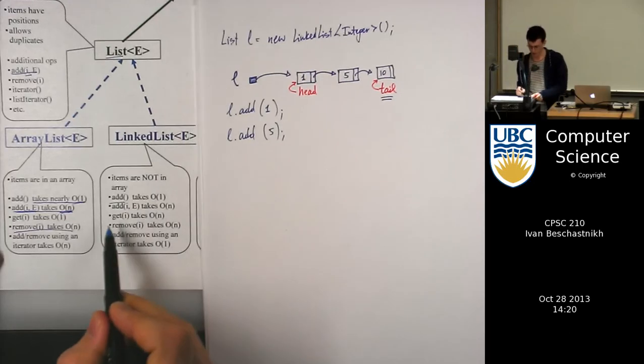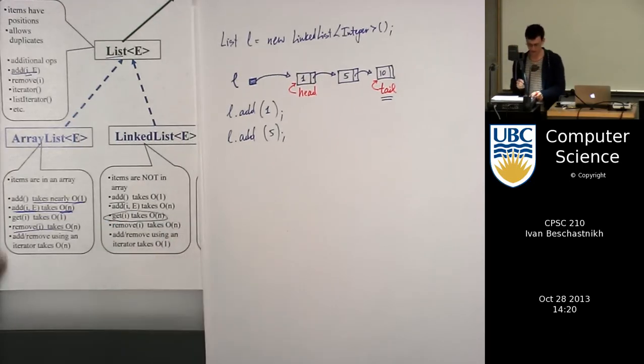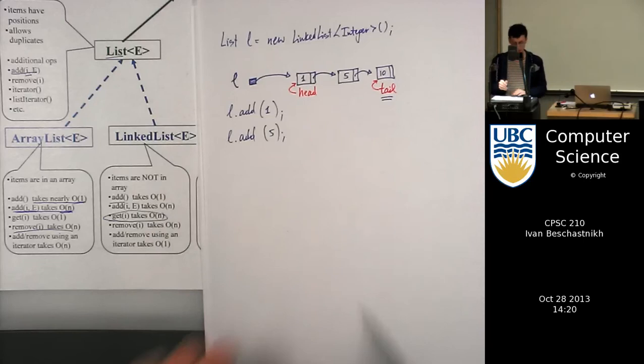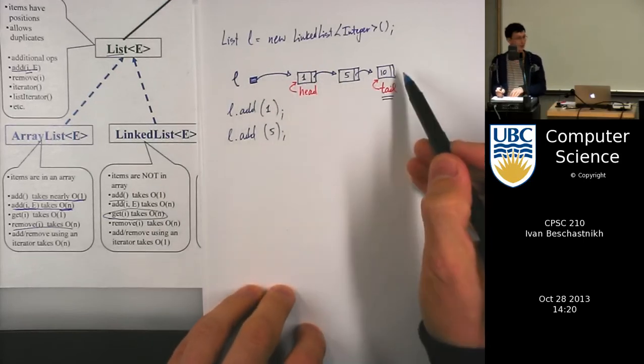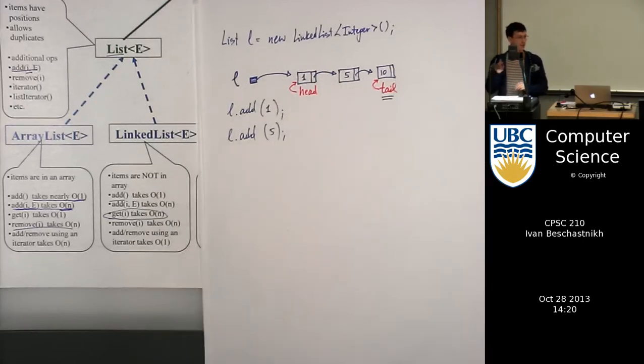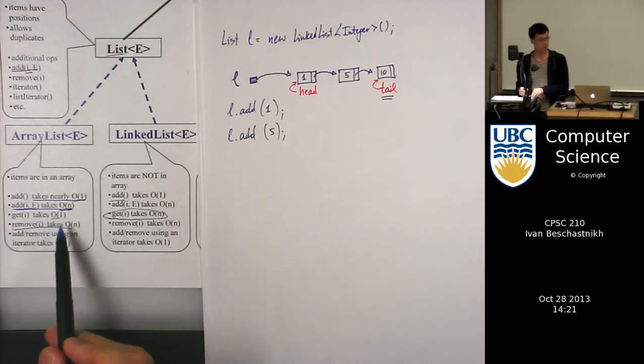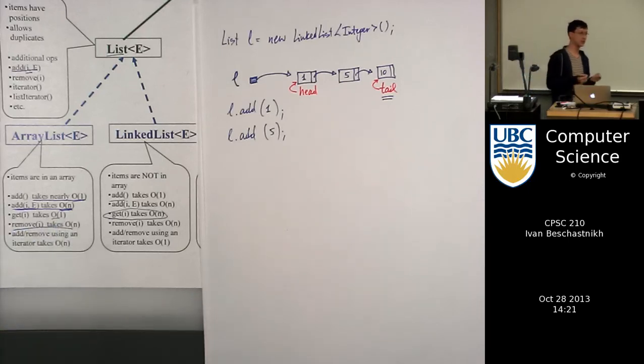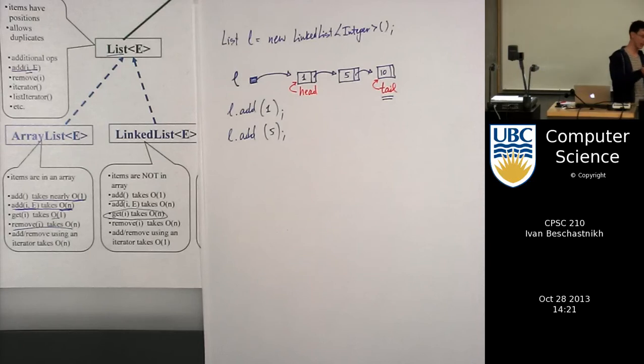But if I want to just retrieve an item, like get(i), then I actually have to walk this entire chain. I have to jump i times in order to find the ith element. Whereas in the array, this operation, get(i), took O(1), so it's constant time, because I just needed to compute exactly how many items I needed to jump to, and then I just jumped.